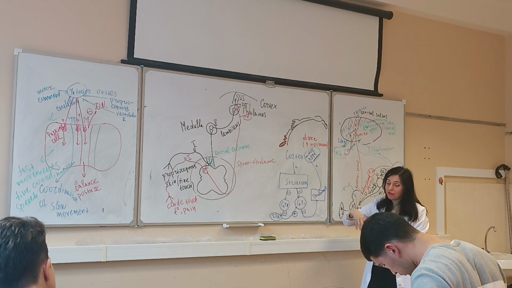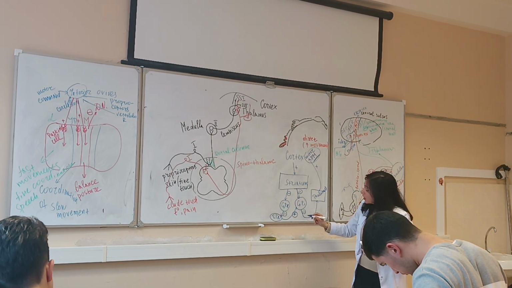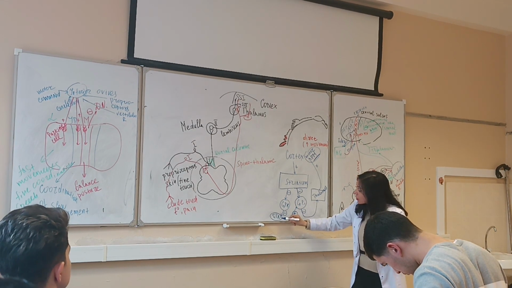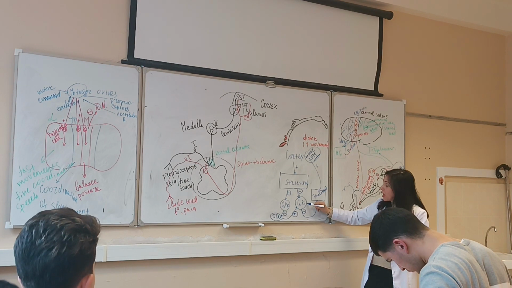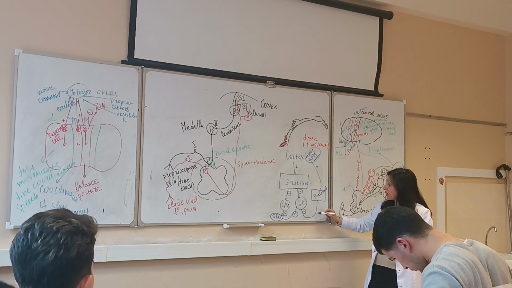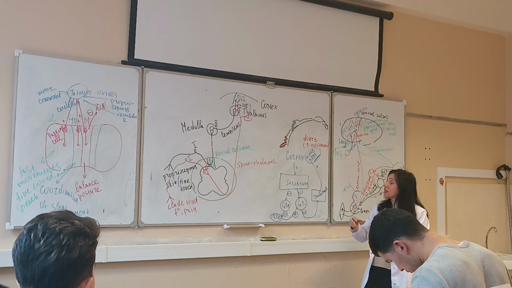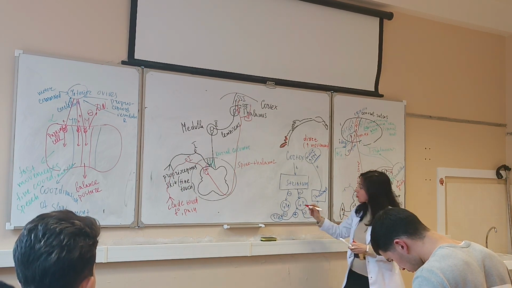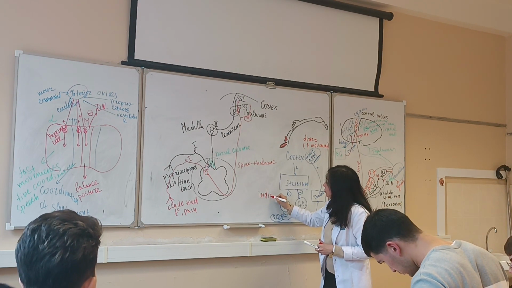Inhibition of inhibition, result, activation. Subthalamic nucleus activates globus pallidus internal and increases inhibitory influence. So this indirect pathway inhibits movement. Indirect decreases movement.